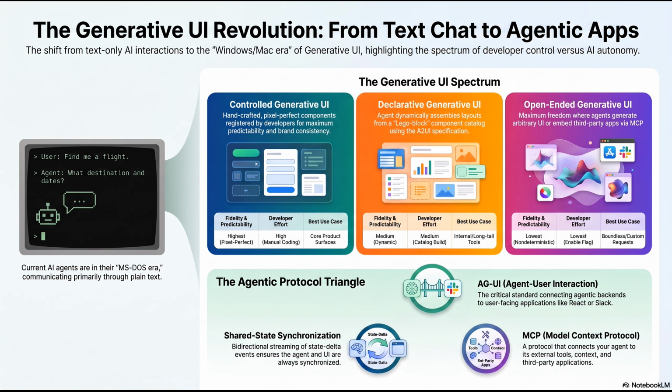Well, if we connect this to the bigger picture, the industry is solving this with a new architectural standard called the protocol triangle. Okay, protocol triangle. Yeah, one leg is MCP, which connects agents to their tools. Right. Another is A2A, connecting agents to other agents. But the crucial third leg, the one solving our specific UI problem, is AGUI. Right, the Agent User Interaction Protocol.